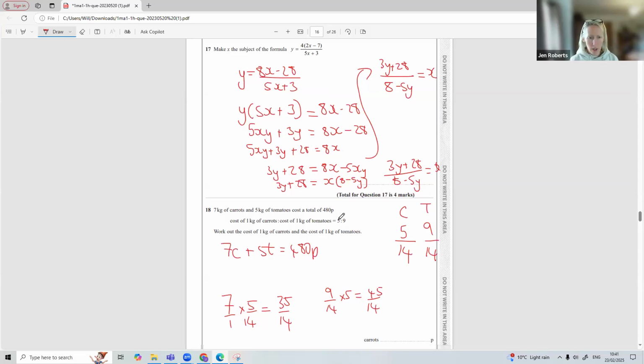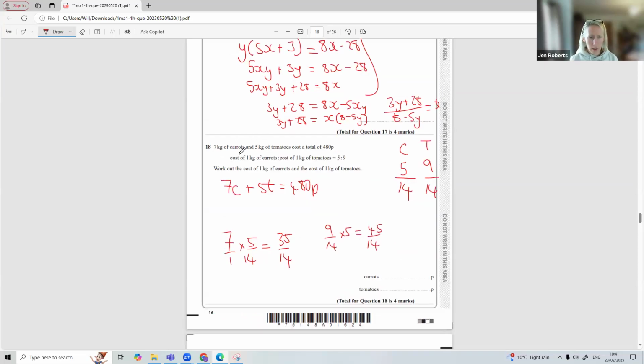Now I've got my ratio, including your 7 kilograms of carrots and 5 kilograms of tomatoes. So you can make it into a ratio of 35 to 45, if that makes sense. Carrots to tomatoes.